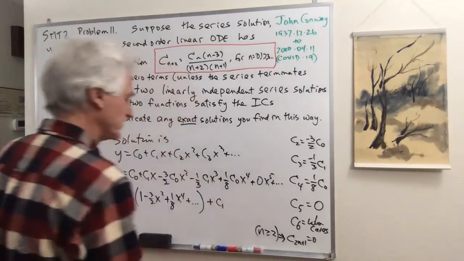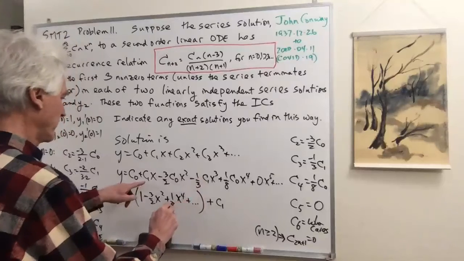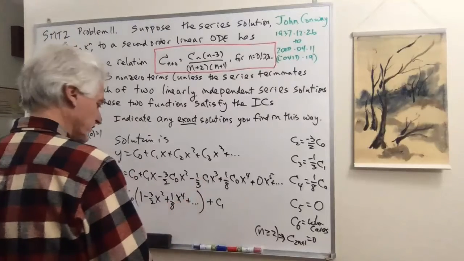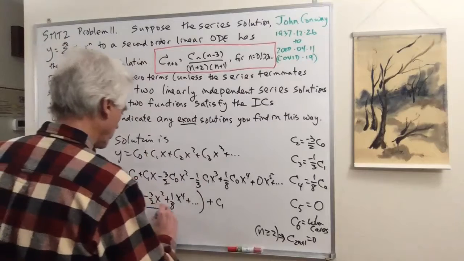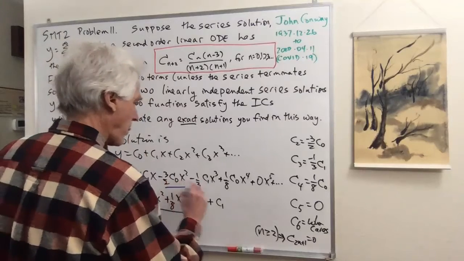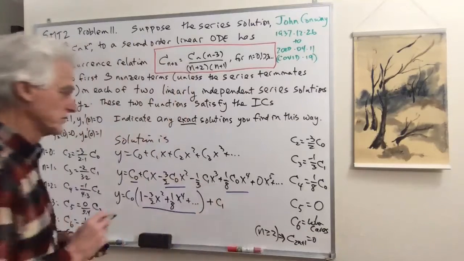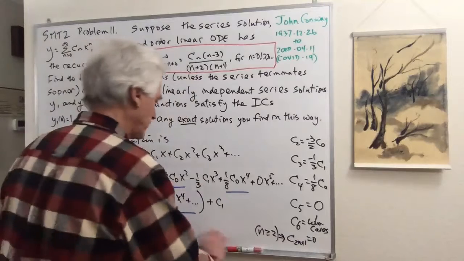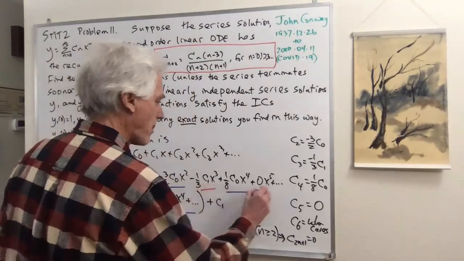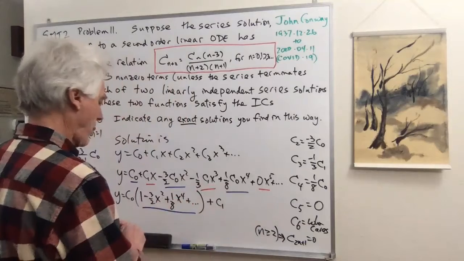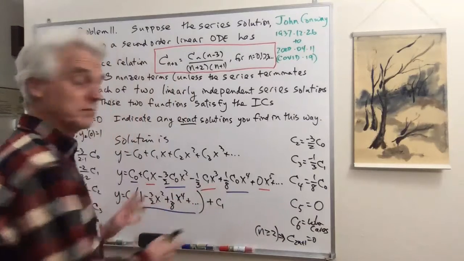Plus what's in front of C1? There's this term. I think I'm going to use some colors here. We got the blue here. Those are the blue terms. And then we got the red terms. What multiplies C1?